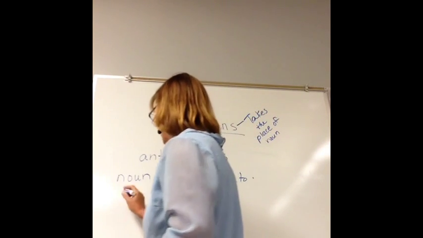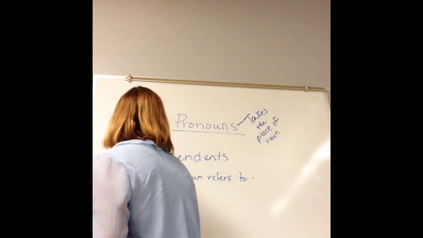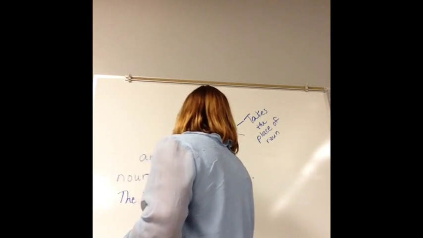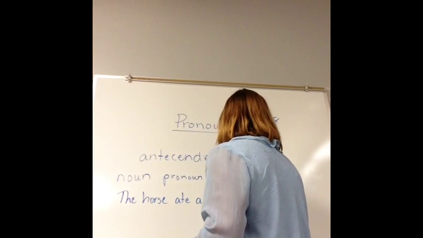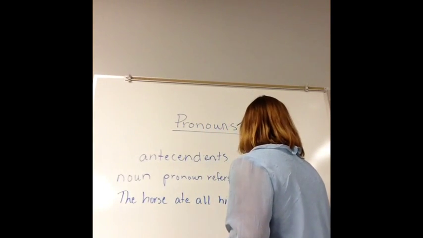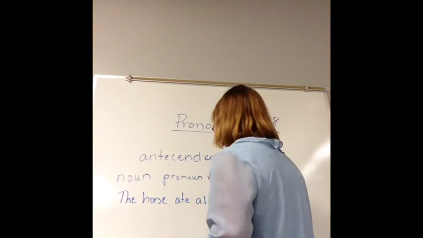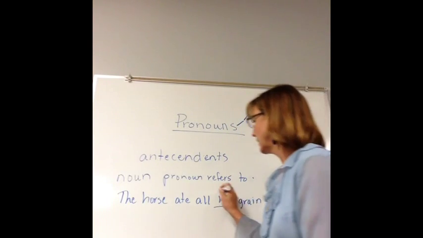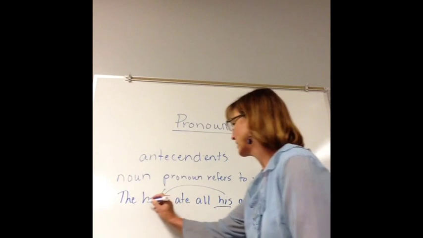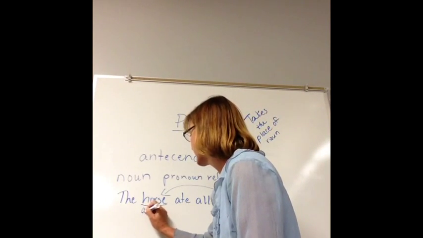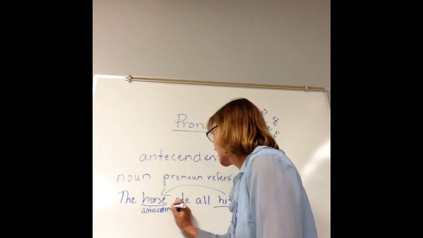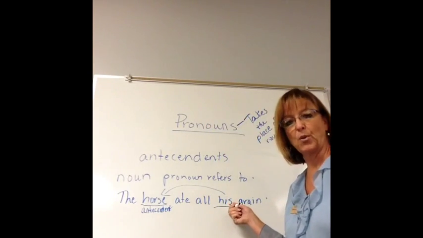For example, the horse ate all his grain. Okay? His is a pronoun. Well, who does his refer to? It refers to the horse. So the horse is the antecedent. It's the noun that is connected to this pronoun.